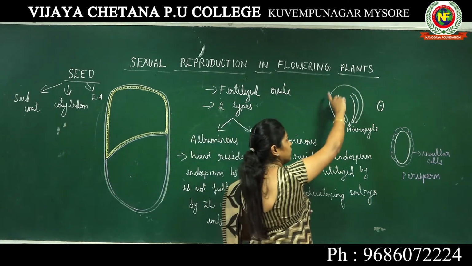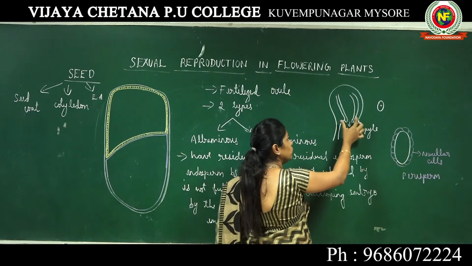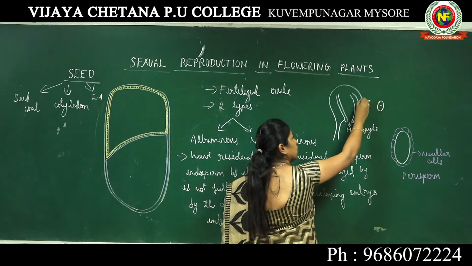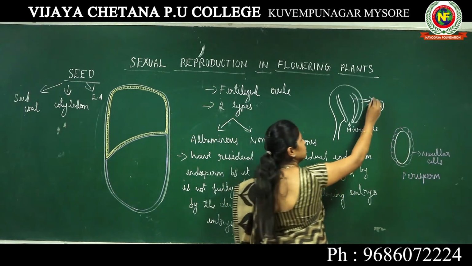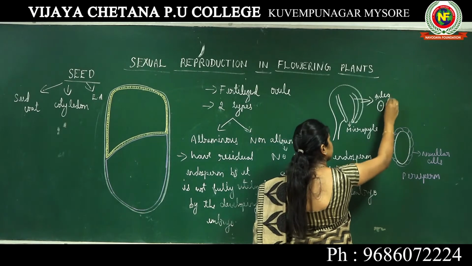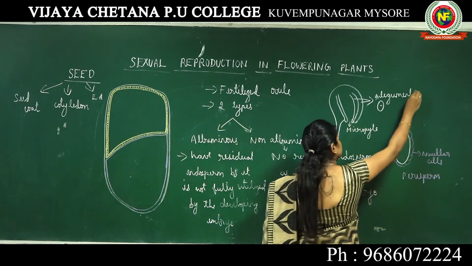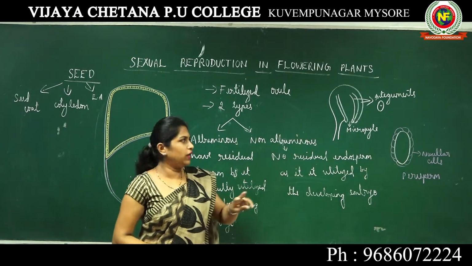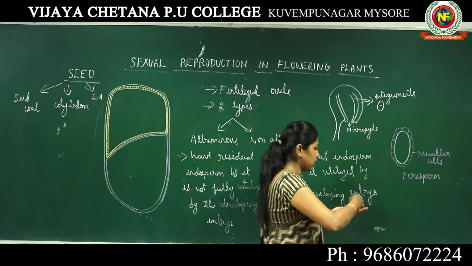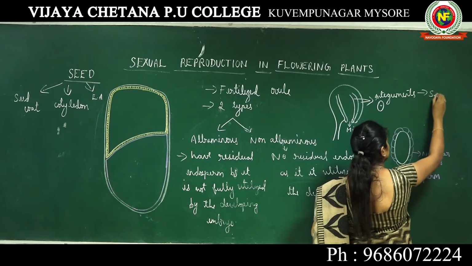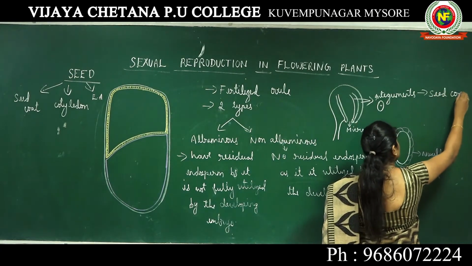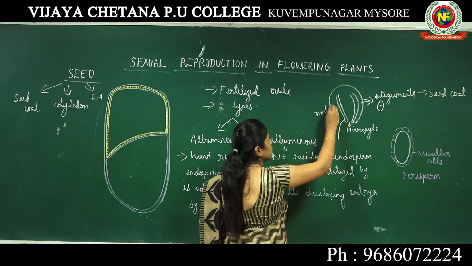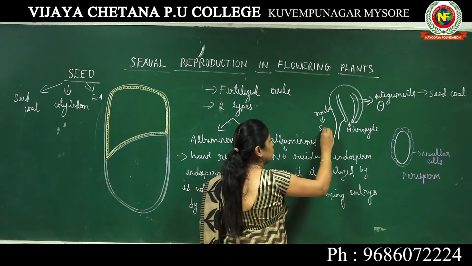While studying the structure of the anatropous ovule, I told you that any anatropous ovule generally has outer layers known as integuments. There are two integuments, the outer integument and the inner integument. These integuments are the structure which gives rise to the seed coat when the whole ovule is developing into a seed.